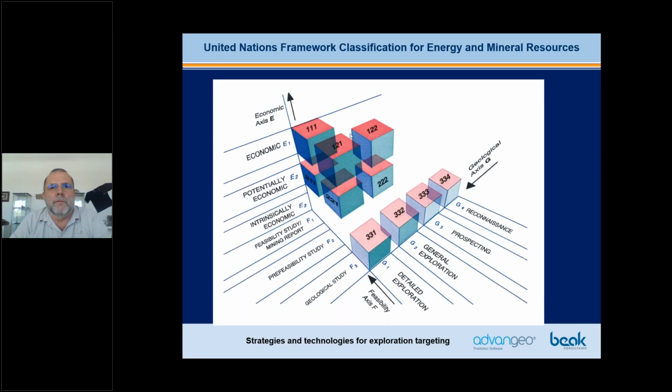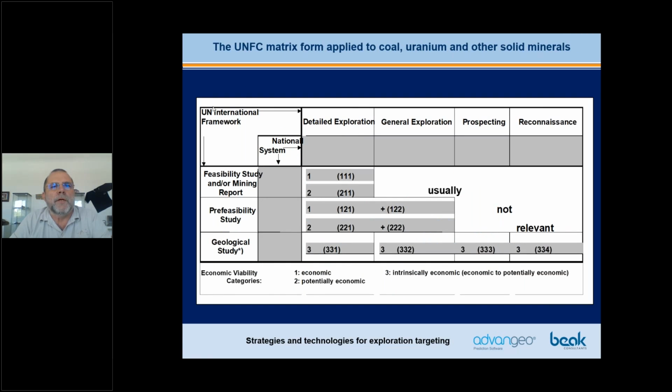If you bring it down to a flat spreadsheet, we have here the geological knowledge, we have here the feasibility studies or knowledge, and we have here the mining status. Means those are the mineable resources.